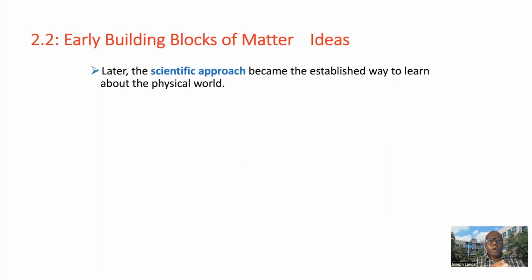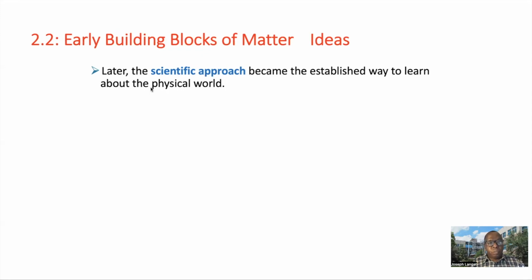As more questions were asked regarding matter, the scientific method, which is a methodical way of doing science, was invented, and it became the established way to learn about the physical world.